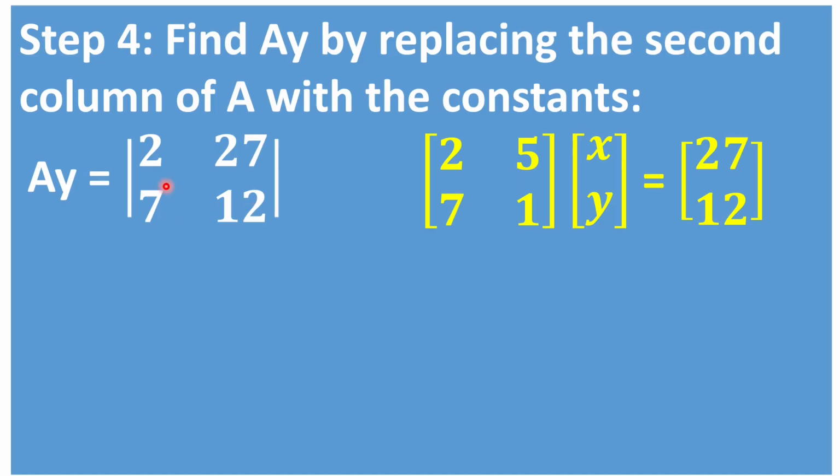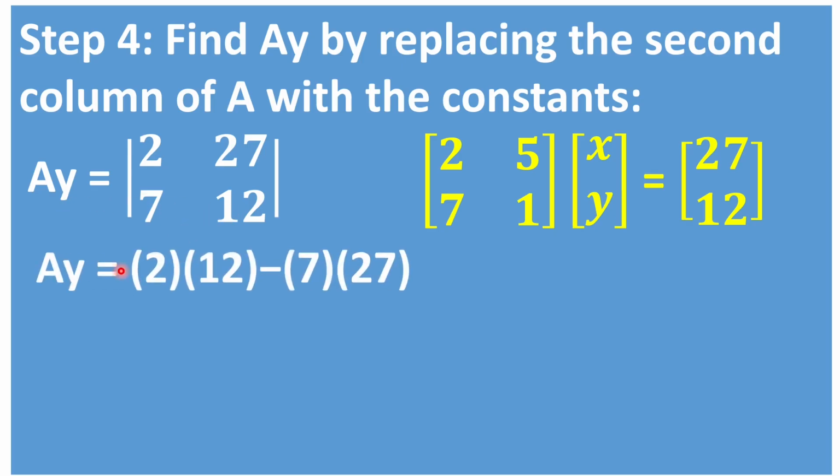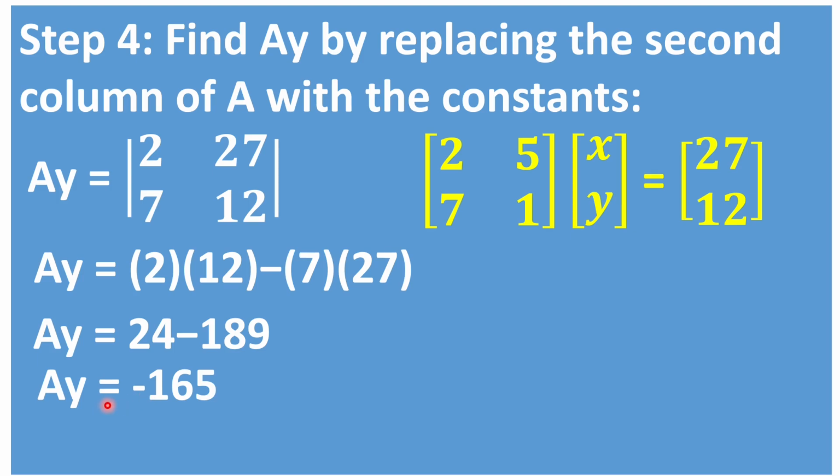And now we will find the determinant, and that determinant we will call Ay. So for the determinant, we will multiply these two terms, 2 and 12, and then minus 7 and 27. So 2 times 12 equals 24, and 7 times 27 equals 189. 24 minus 189 equals minus 165.